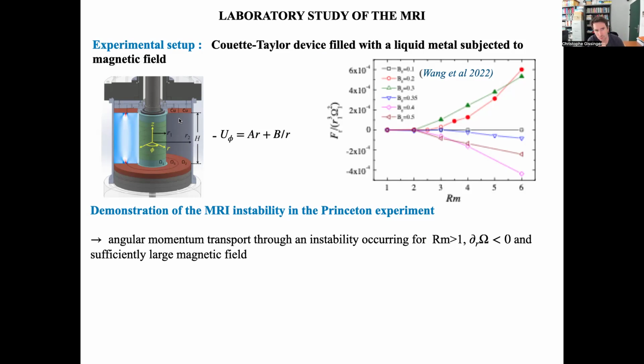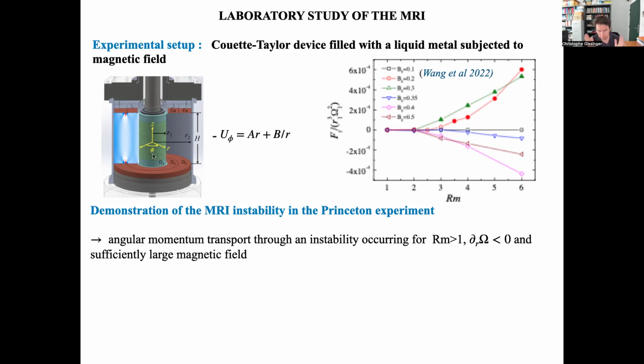As I was saying, you have different choices for the conducting fluid you will be using here. A very good choice is plasma, because it's a little bit closer to what's happening in a real disk. But unfortunately, it's very complicated to handle. It requires high temperature. It requires confinement of the plasma. It's very difficult to do measurements in a hot plasma like that.